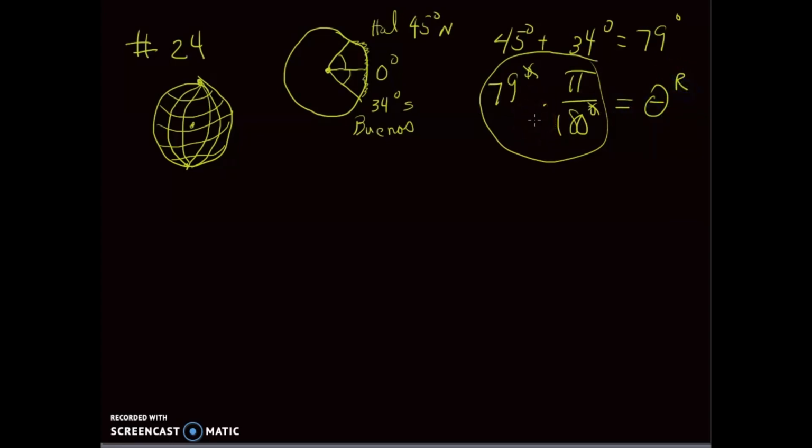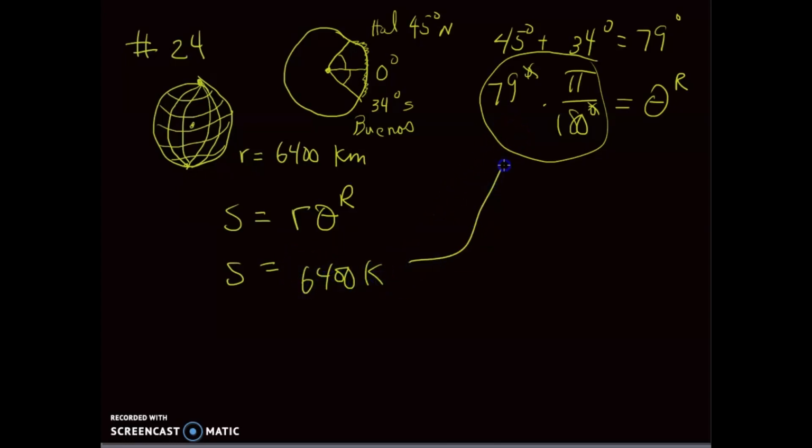The radius of the Earth, we've got to look that up. For kilometers, the radius of the Earth is approximately 6,400 kilometers. So we can then find this, and I'm going to run out of time, so I've got to do this quickly. S equals r theta in radians. S, the distance between the cities, is r, the 6,400 kilometers, times this number up here.